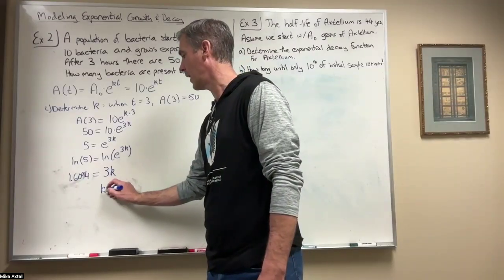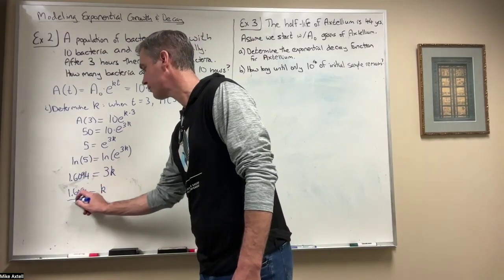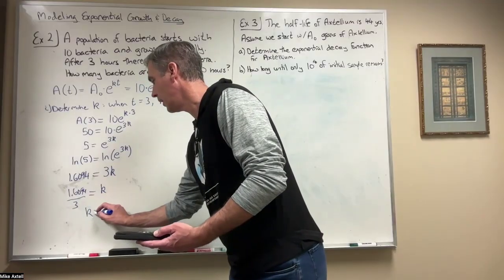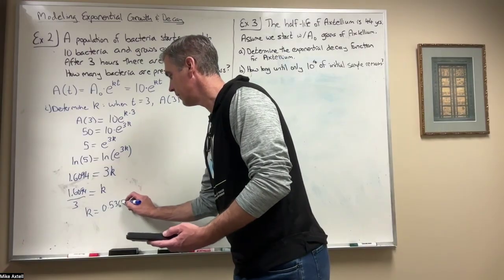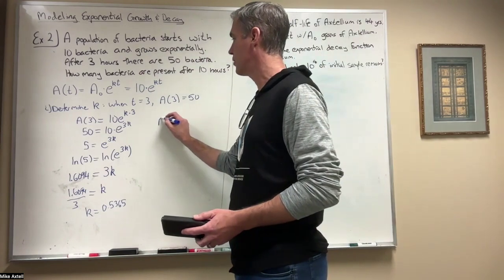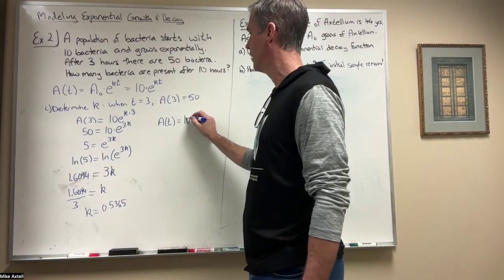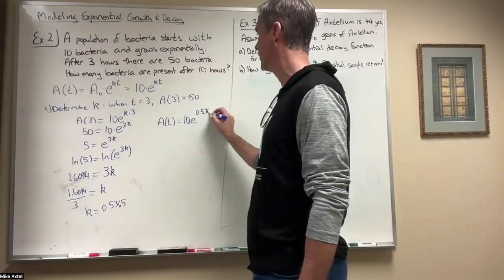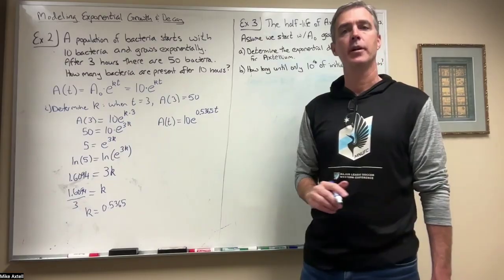So I can solve for k by dividing by 3, and I get a k value of 0.5365. So my exponential model is A of t equals 10 e to the 0.5365 times t. So I've got my full exponential model.